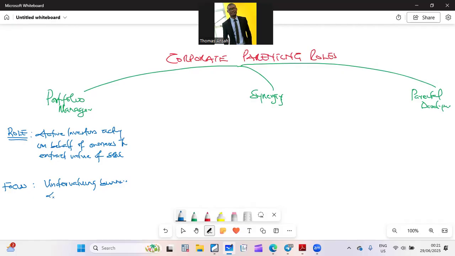They acquire them, improve them, and divest them. That's what they do. So the value they create is by intervening in the businesses. All right. That's the value they create.